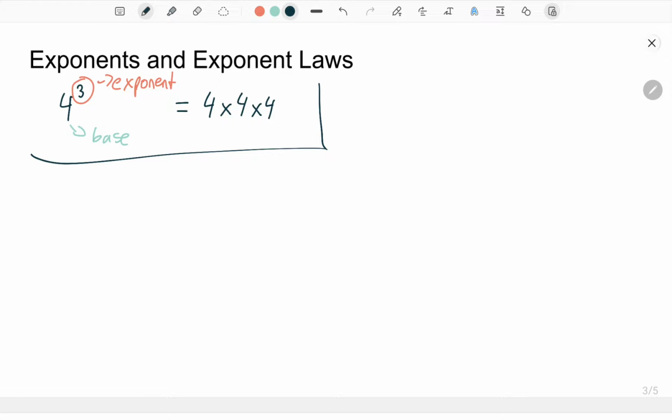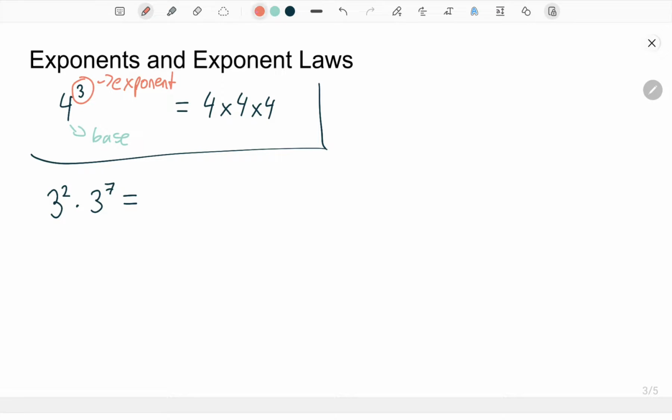And what happens oftentimes is we can have operations which involve maybe multiple parts of exponents, and we can simplify these operations using what we call the exponent laws. So let's go over them. First exponent law is going to deal with things when we're multiplying.